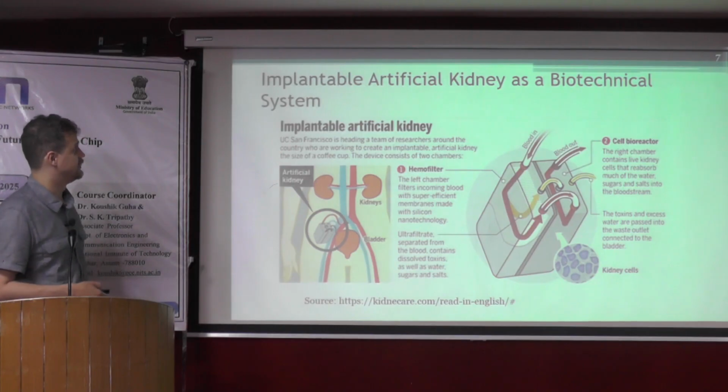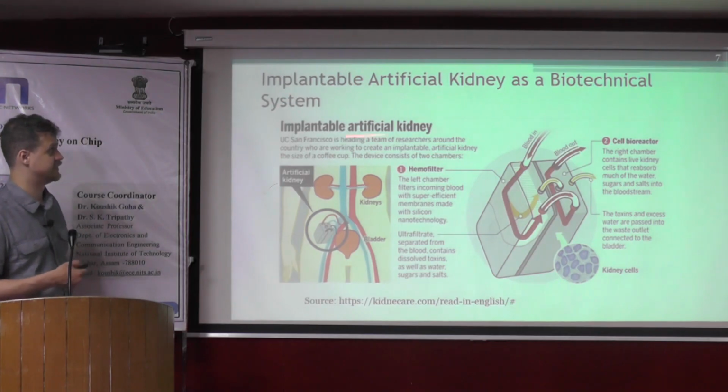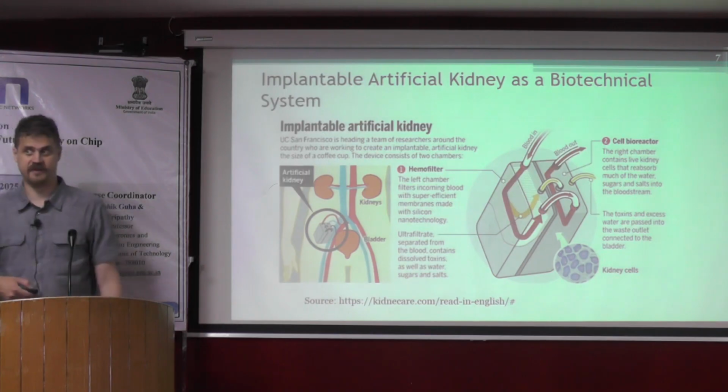And why exactly would it be preferable to have a digital twin for implantable artificial kidneys in the case of a biotechnical system? Well, first and foremost, we have to make sure that there are no malfunctions within the kidney.